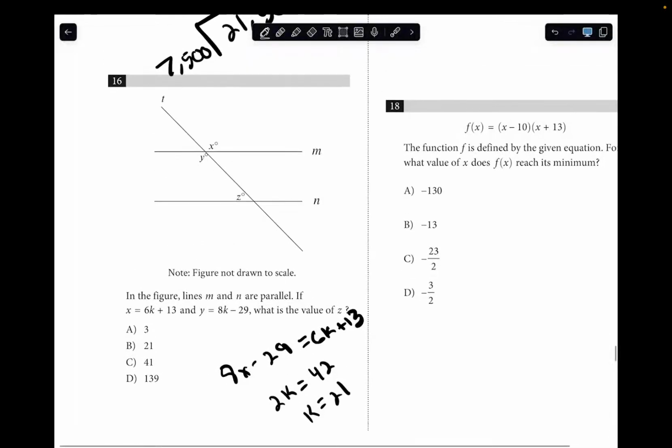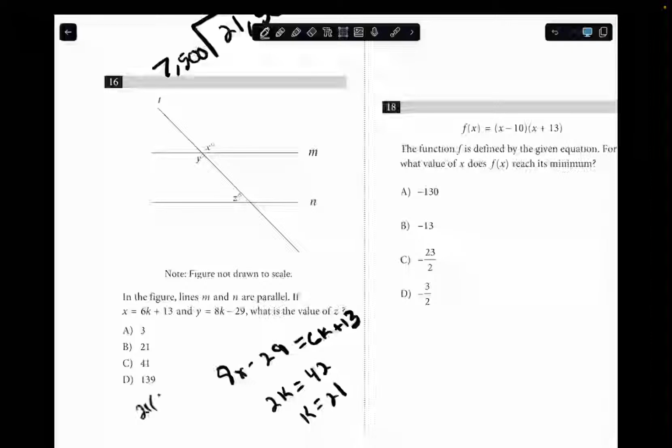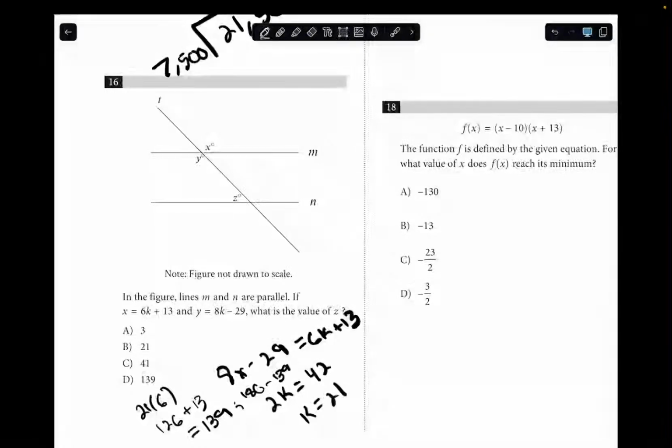So they're asking for, well, I want to solve for the value. So 21 times 6 equals what, 126? Yeah, 126 plus 13, which equals 139. 180 minus 139 is 41, right? Yeah.